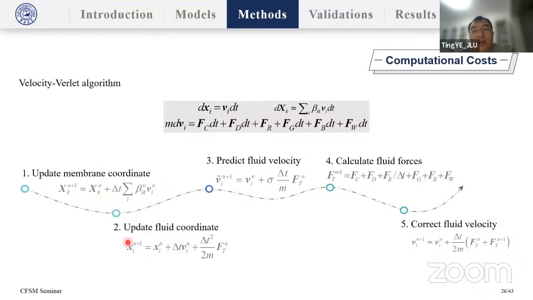Based on these two predictions, we then predict the fluid velocity. After that, we calculate all types of force, including the membrane force and the repulsive force, Fw. Using this force, we correct the velocity field. That's the velocity-Verlet algorithm. It's a quite simple algorithm.